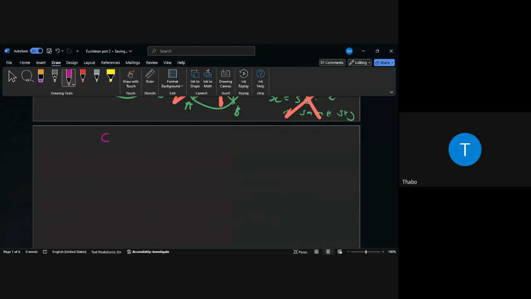So now we're gonna speak about something called cyclic quadrilateral. Last week I defined what the cyclic quad is. What did I say, guys? During our last week session, how did I define it?